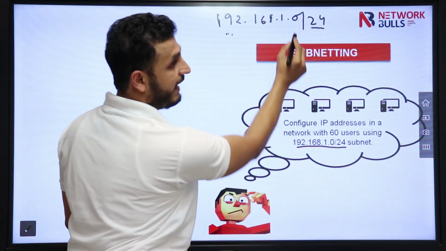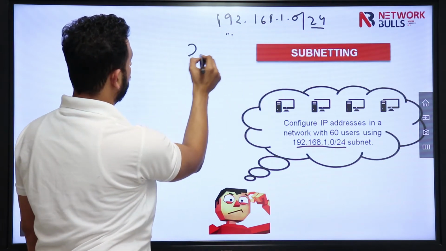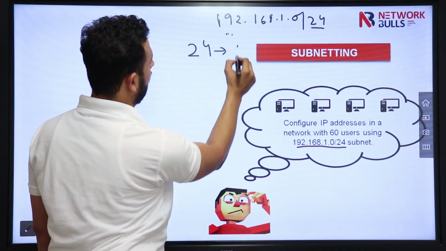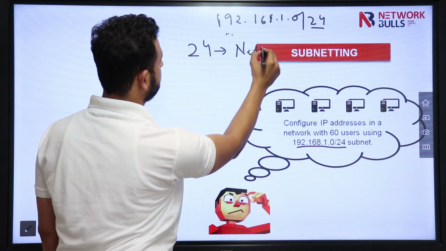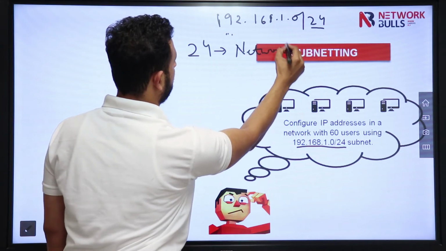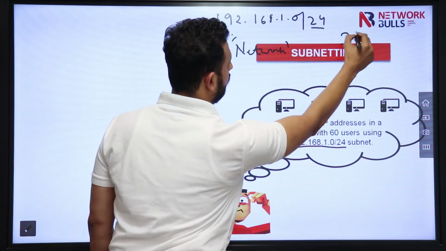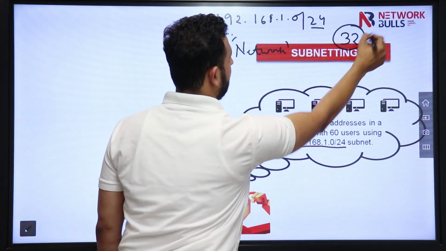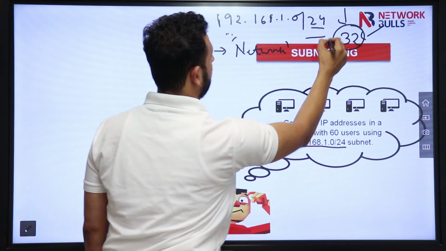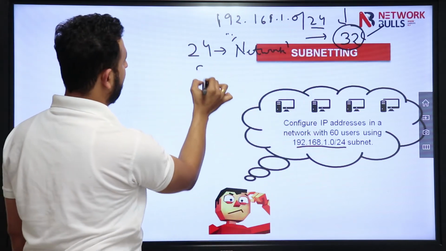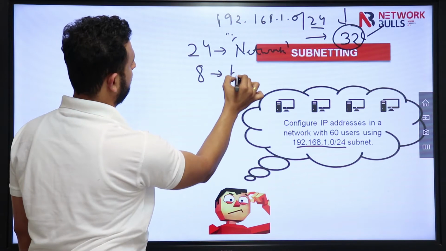So all of you know /24 means 24 are the number of network bits. In total, how many bits were there? 32. So, how many host bits are left? 8 host bits.